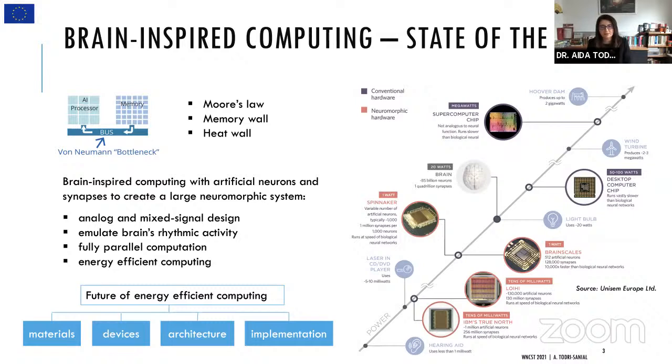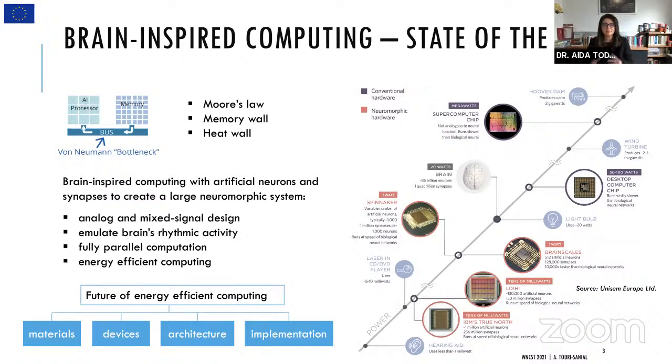We are in sub-nanometer regime, and we are witnessing that the devices also have a problem with gate leakage. So continuing Moore's law is becoming more and more challenging, especially in beyond 2 nanometer nodes. The other challenge is the memory wall.